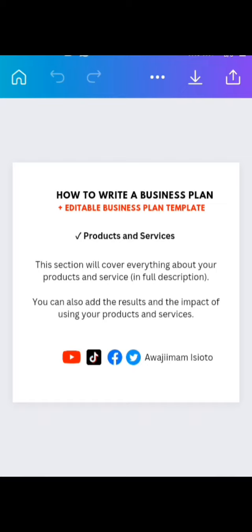Also, you are going to add things like the results people are going to get when they patronize you in the business. You're going to also talk about the impact of your product and services when they use your product and service. What are the impact? You have to talk about it. Okay, this is also where you have to describe what your product looks like, what your services look like.